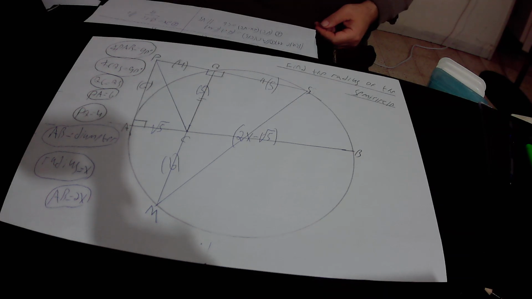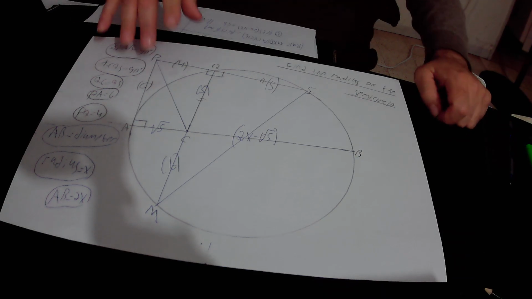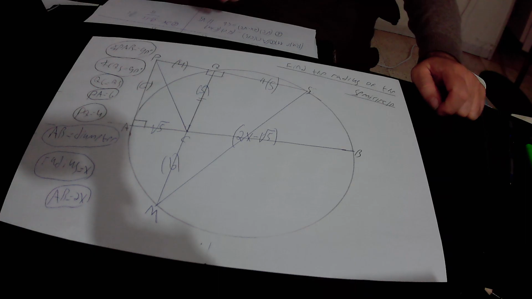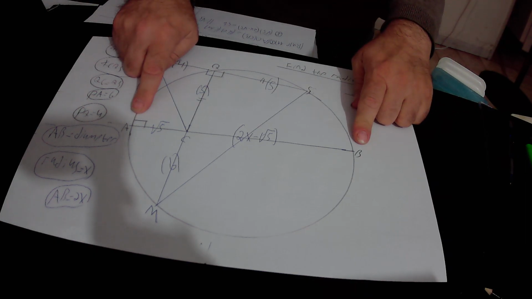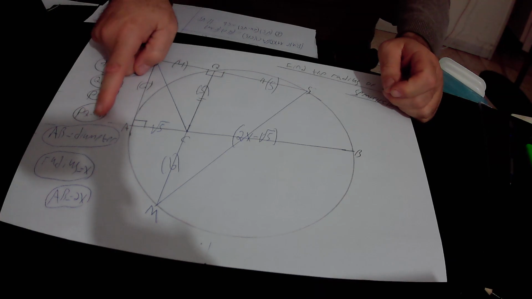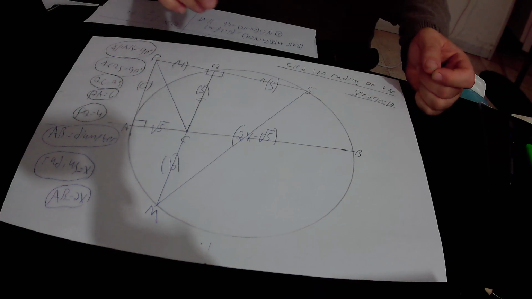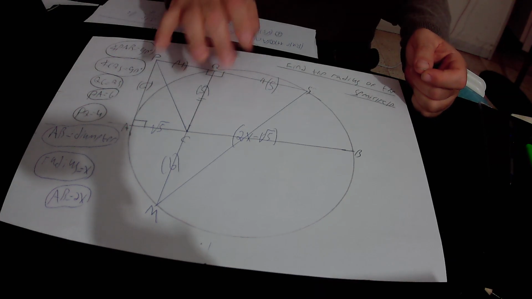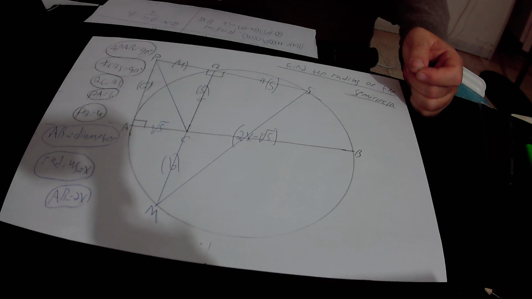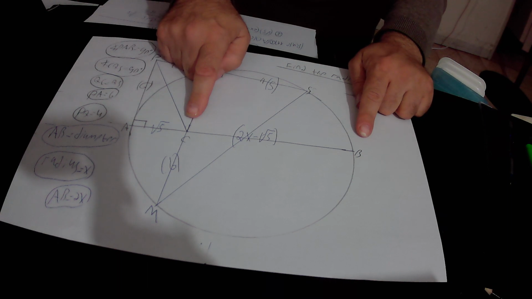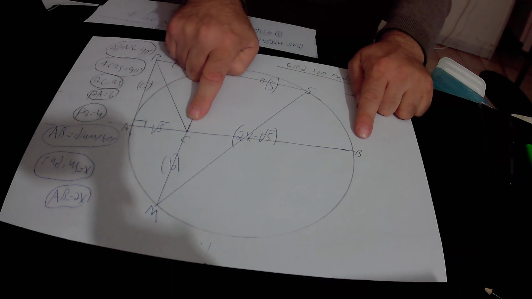Here, we know that this is a semicircle, and for that reason, AB must be the diameter of the semicircle. AB is the diameter of the circle, so if we define the radius of this semicircle as x, then the diameter AB must be equal to 2x. So what is the length of line segment CB? From the domain, it is very easy to see that CB equals AB minus AC.